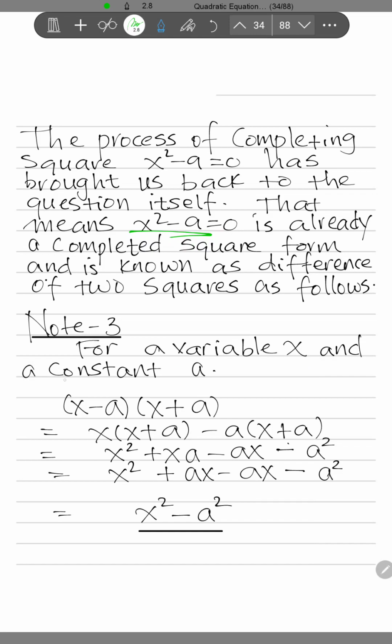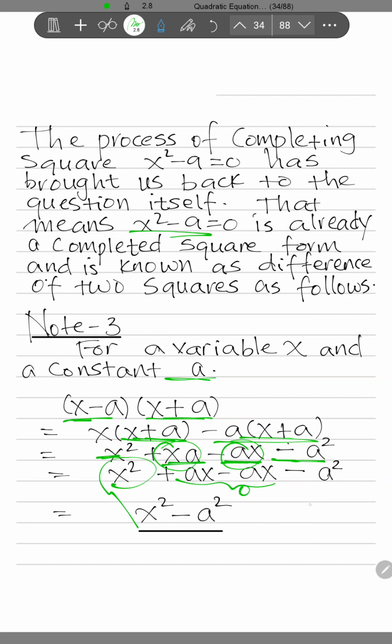For a variable x and a constant a, x minus a times x plus a, we've said this one in a previous lesson, which is x into x plus a minus a into x plus a: x squared plus xa minus ax minus a squared. Xa and ax are the same terms with different signs, so the difference is 0.